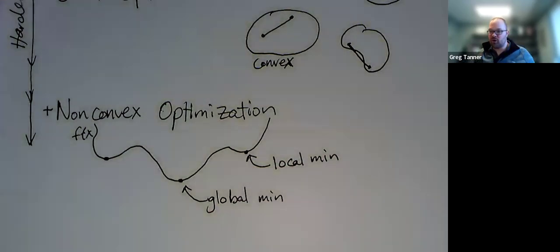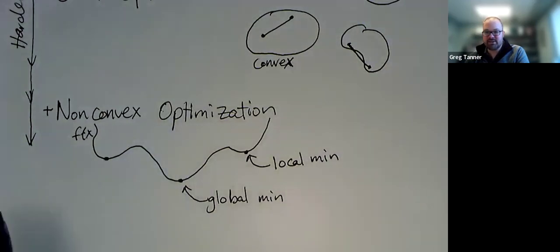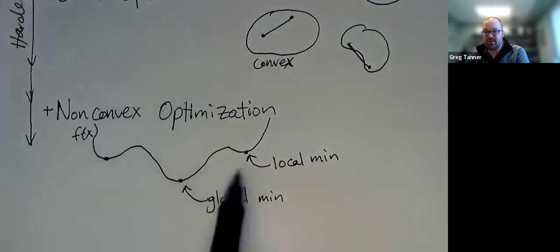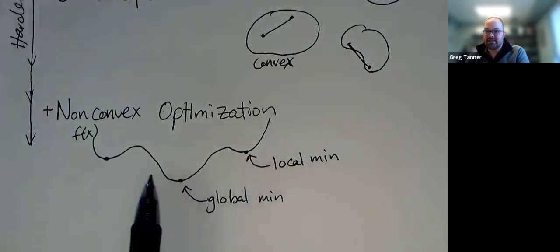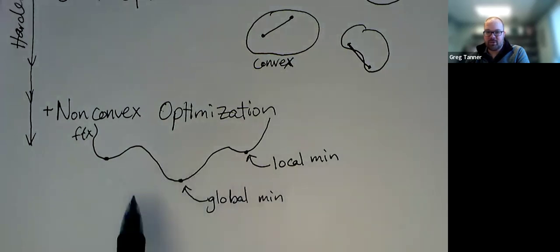Global means overall best, local meaning best amongst its nearby neighborhood. In general, when you're dealing with non-convex optimization, you might have an objective function that has many of these local minimums, and it might be very hard to search the whole space to find which one is actually the global minimum. That's going to be the difficulty with non-convex optimization.